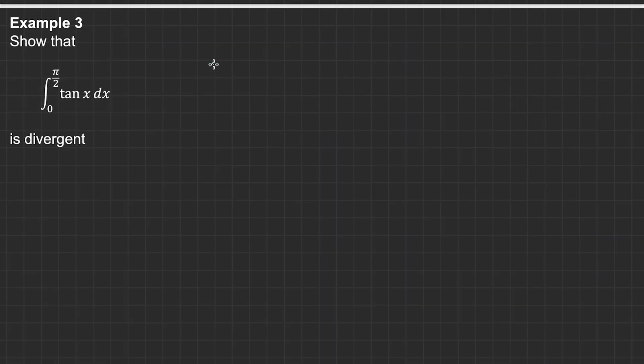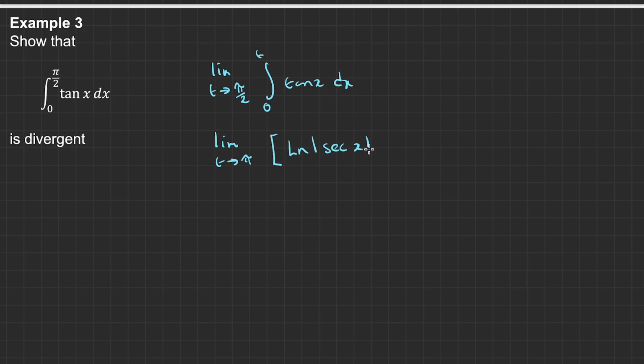So we'll evaluate the integral as the limit of t approaches pi over 2. And we'll have the integral of 0 to t of tan x with respect to x. And this is a standard integral provided in the Edexcel formula booklet. So we'll have the limit of, as t approaches pi over 2, of the natural log of sec x between the range of 0 to t.